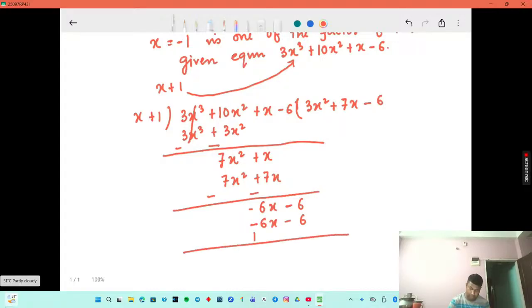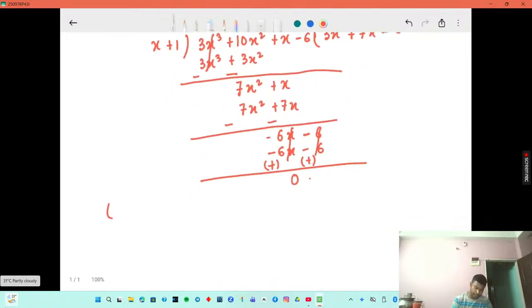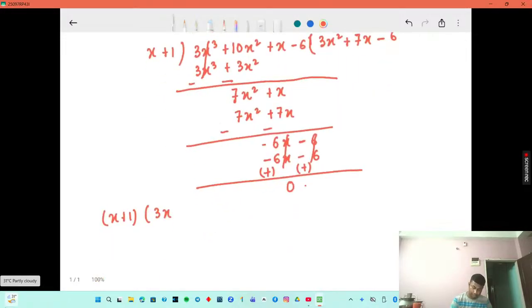That is, here it will be plus, then cancel, 0. So the factors of this equation are x plus 1 and then 3x squared plus 7x minus 6.